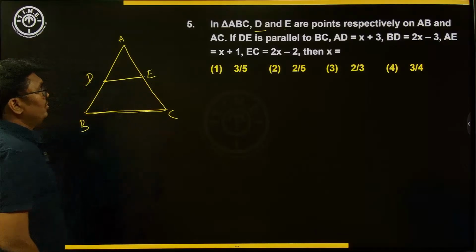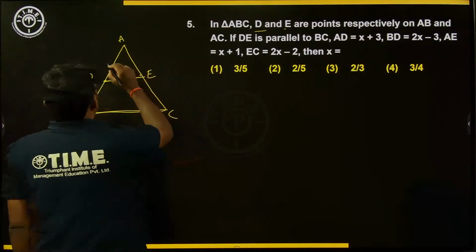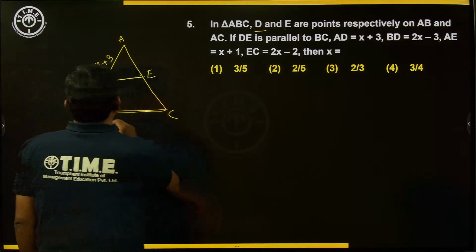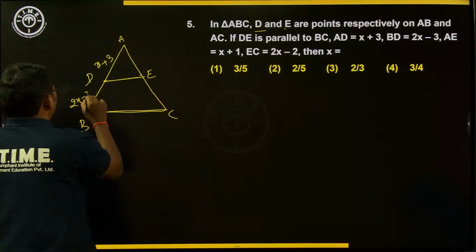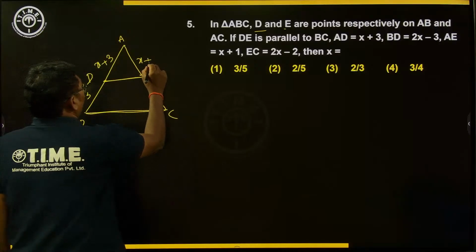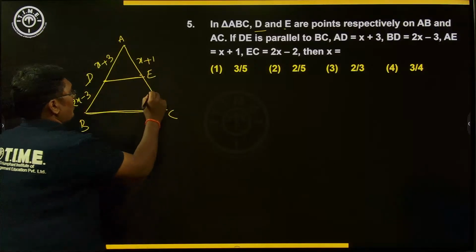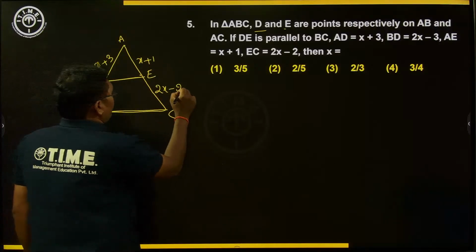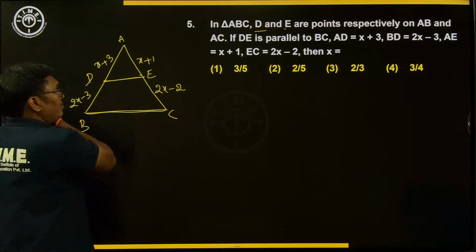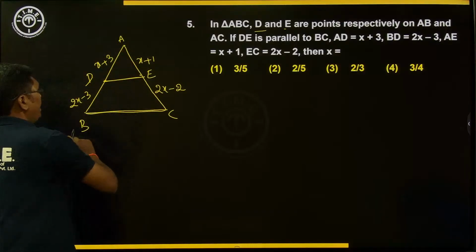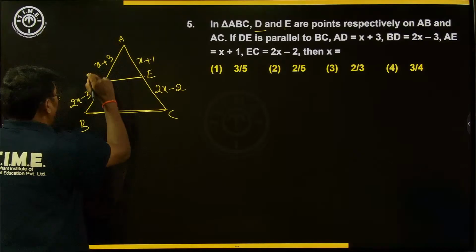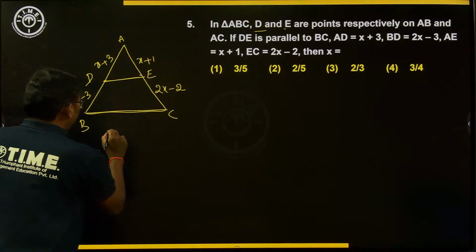Okay. So what is given? AD is x plus 3. Next, BD is 2x minus 3, and AE is x plus 1, and EC is 2x minus 2. So as these two are parallel, by basic proportionality theorem, the ratio of AD by BD is equal to AE by EC.